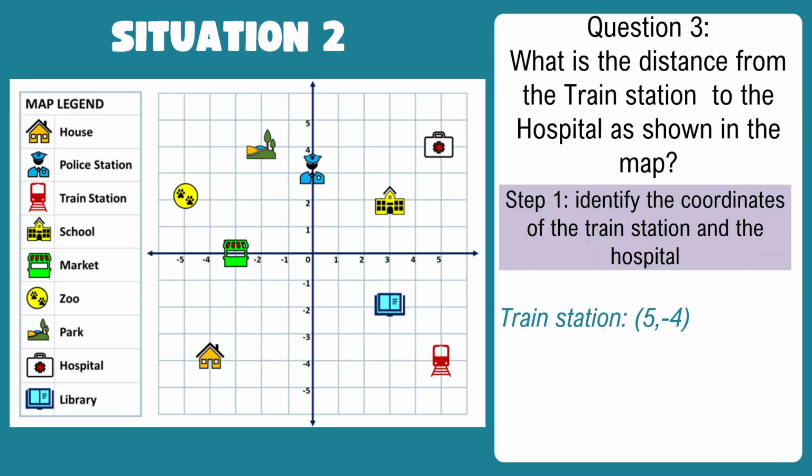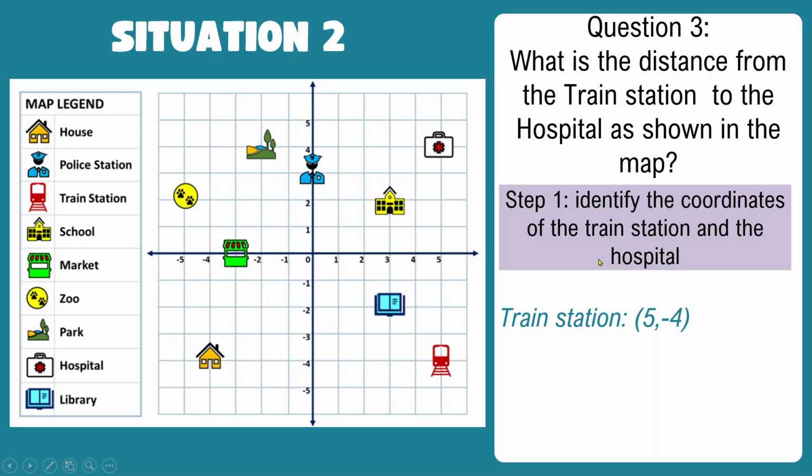What is the distance from the train station to the hospital as shown in the map? So train station and then the hospital. Step 1, identify the coordinates of the train station and the hospital. Why do we need to identify the coordinates of the train station and the hospital?